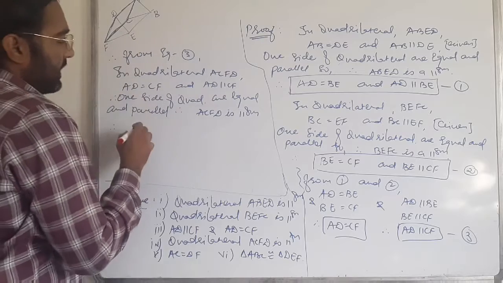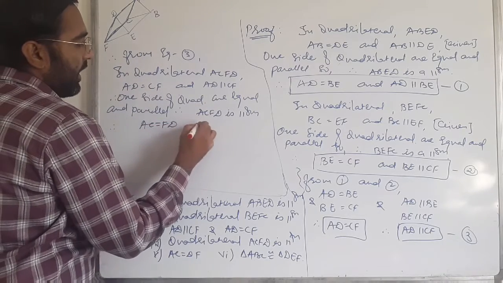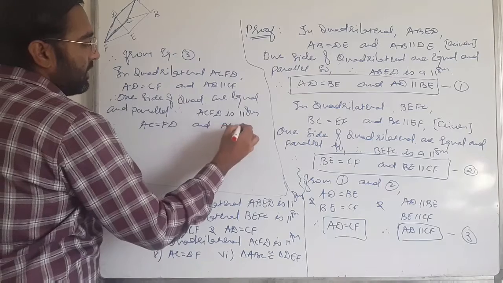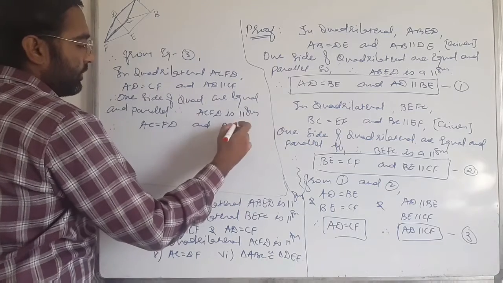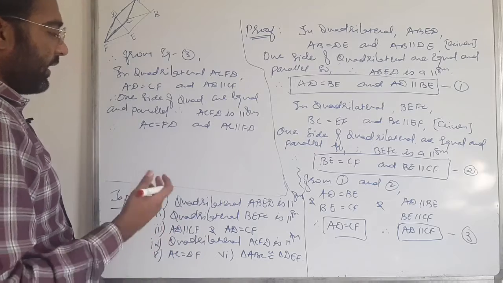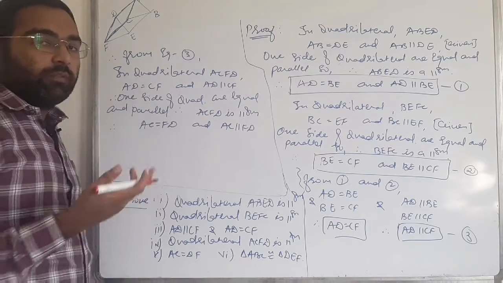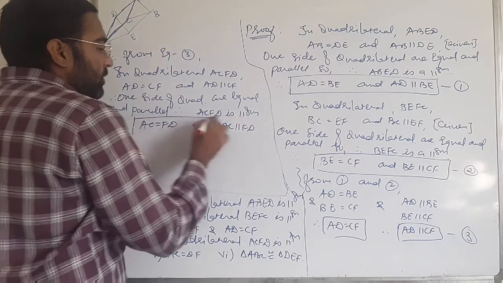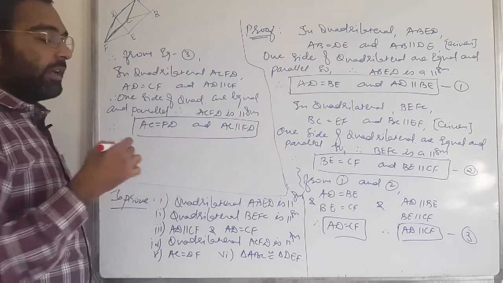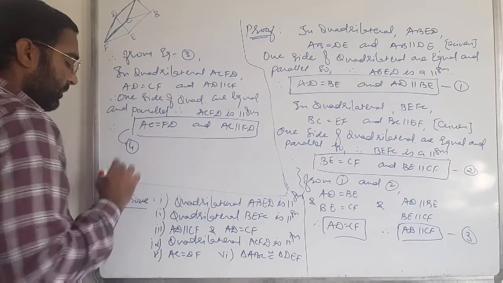So another side, that is AC, is equal to FD and AC is parallel to FD. You can write FD or DF, both of them are the same. So AC is equal to FD and AC is parallel to FD. This is the fourth equation.